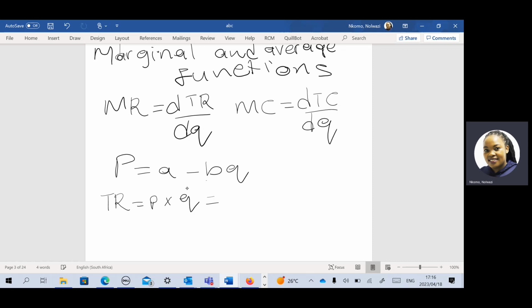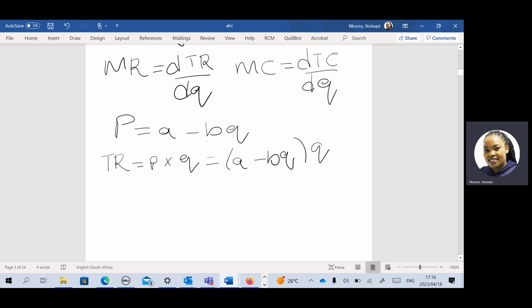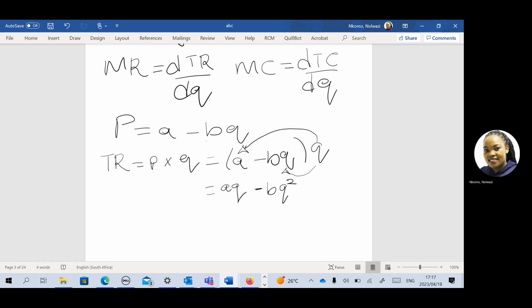If we substitute this back, we'll have (A minus BQ) times Q. Then we simplify the brackets by multiplying everything inside by Q. So we have A times Q, that gives us AQ, and minus BQ times Q, that gives us minus BQ squared. So this is our total revenue.